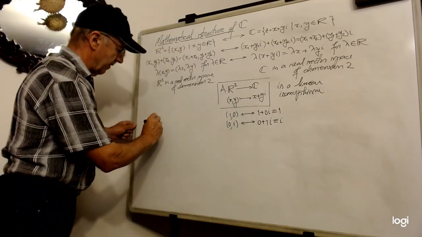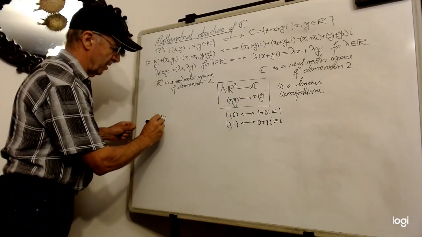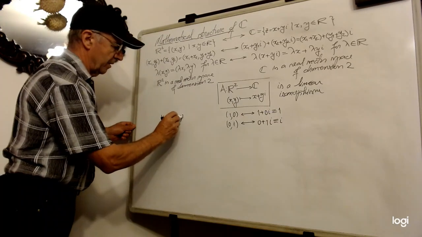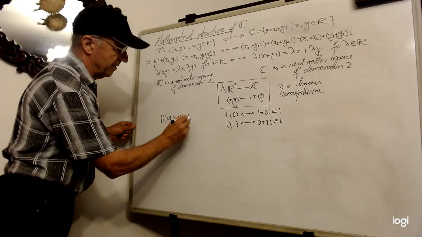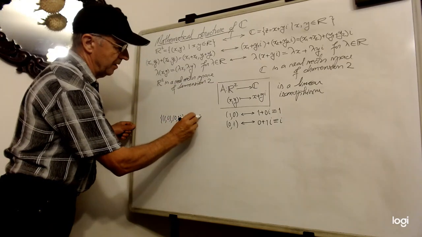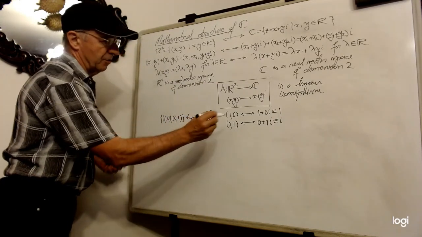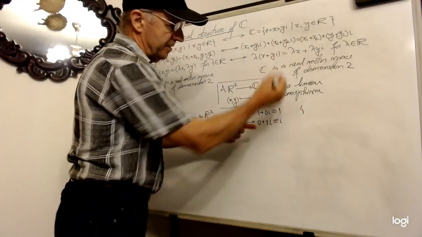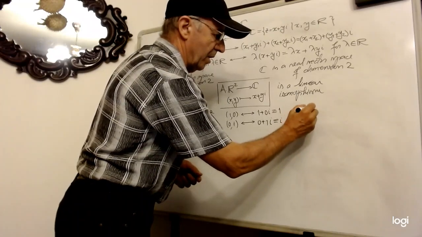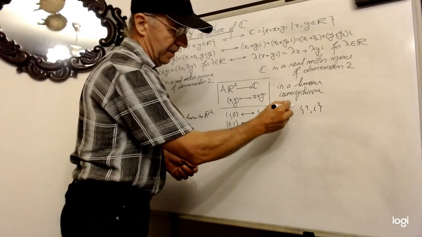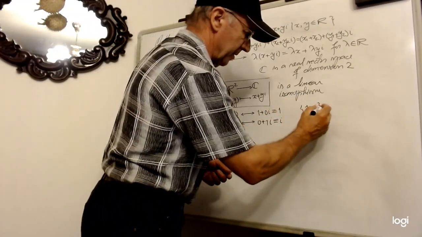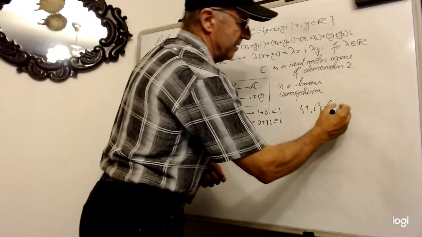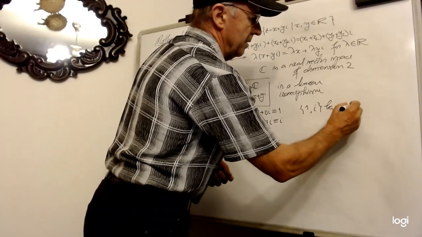You know that the vectors (1, 0) and (0, 1) form the canonical basis in R2, and correspondingly the complex numbers 1 and i form a basis in this vector space C.